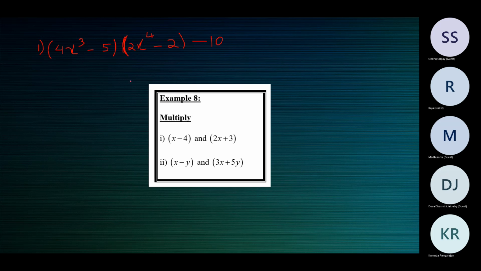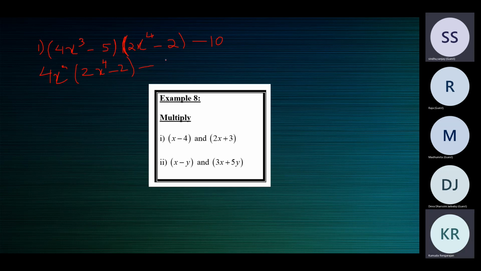Completed, ma'am. Yeah, read out your steps. 4x cubed multiplied by 2x to the power 4 minus 2, minus 5 into 2x to the power 4 minus 2, and minus 10, ma'am. Okay, so this is the first step, correct?